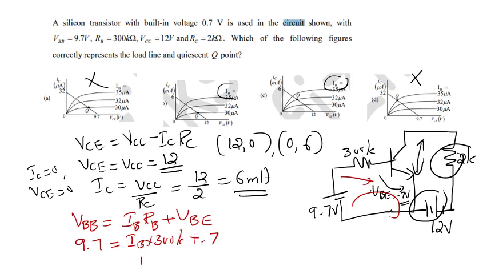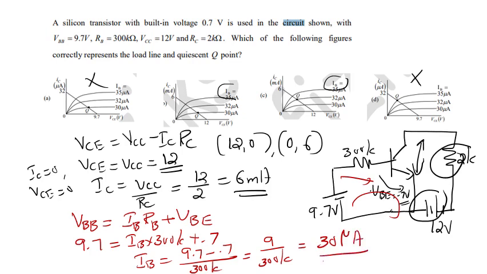So IB is equal to 9.7 minus 0.7 divided by 300K, that is 9 divided by 300K, which is 30 microampere. So our operating base current is, sorry, 30 microampere.